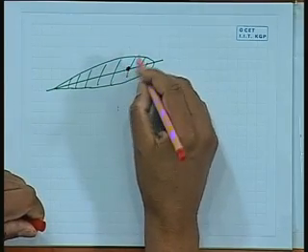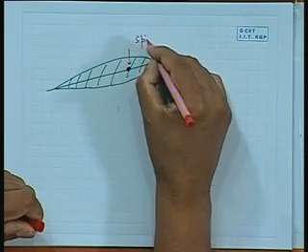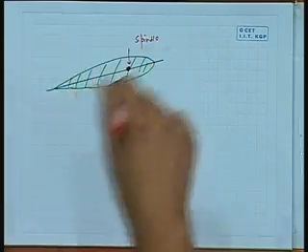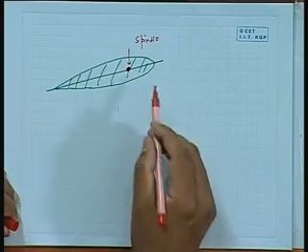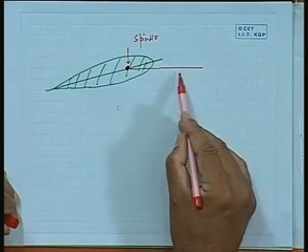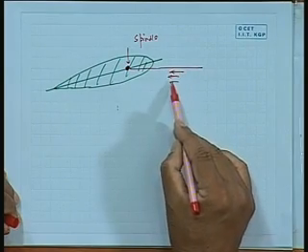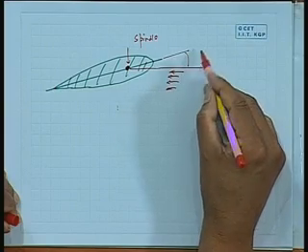This may be the rudder stock point or spindle, an axis about which it is turned. Now you have a flow coming, let us say like this. So velocity comes this side, and I can call this angle of attack alpha.